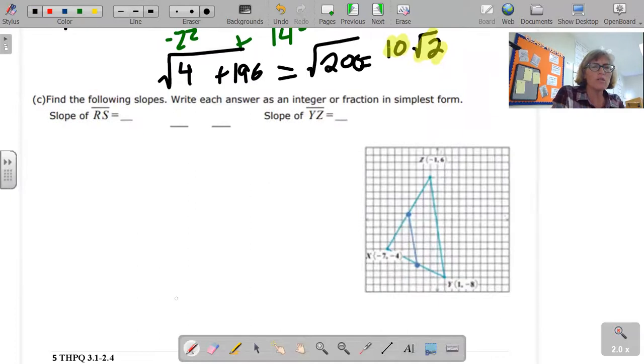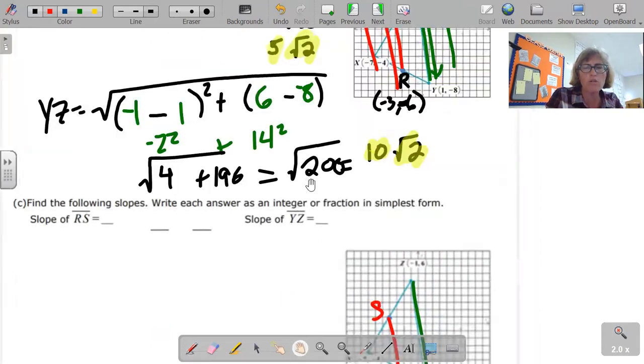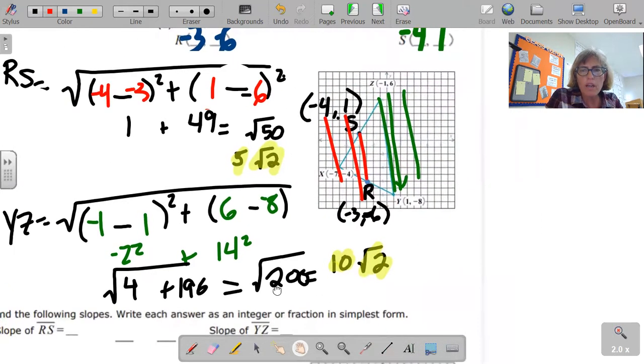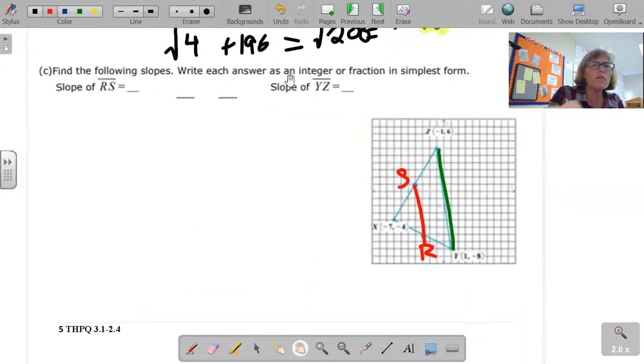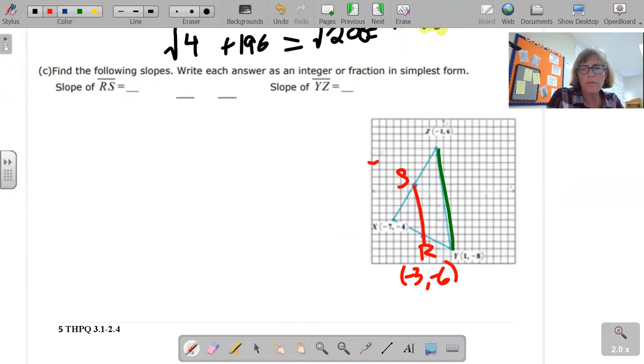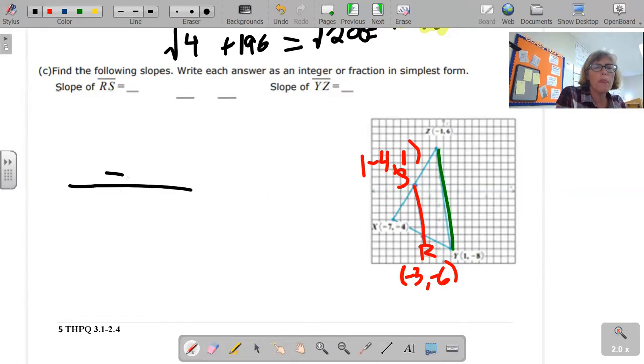So right here, we're going to find the slope of both of these. Once again, make sure your coordinates are very accurate. You don't want to have to do this twice. (-3, -6), (-4, 1). Okay, so we find the slope of RS and the slope of YZ. So in red, y minus y. Make sure you get the y's on top.